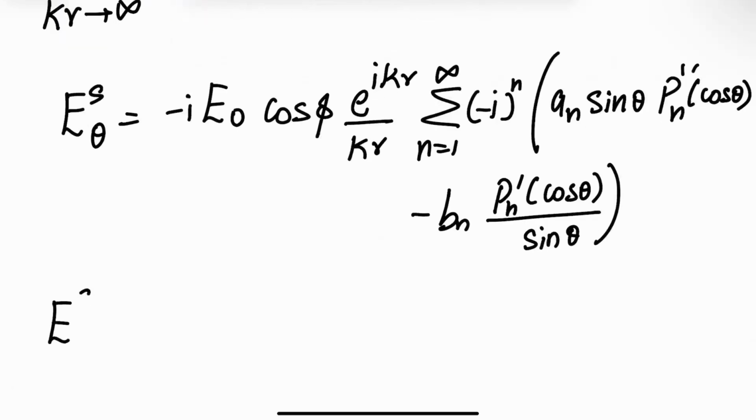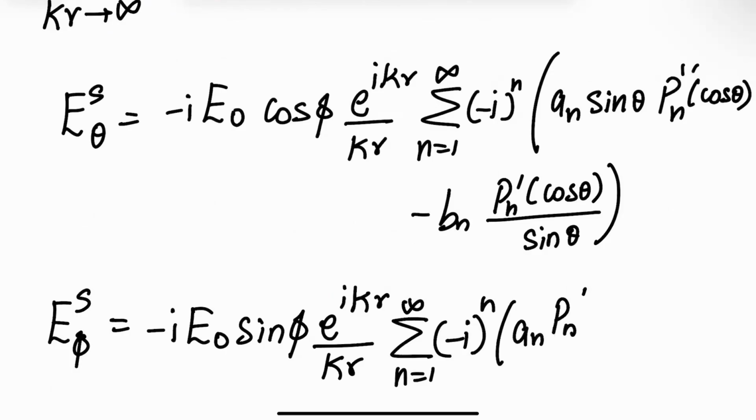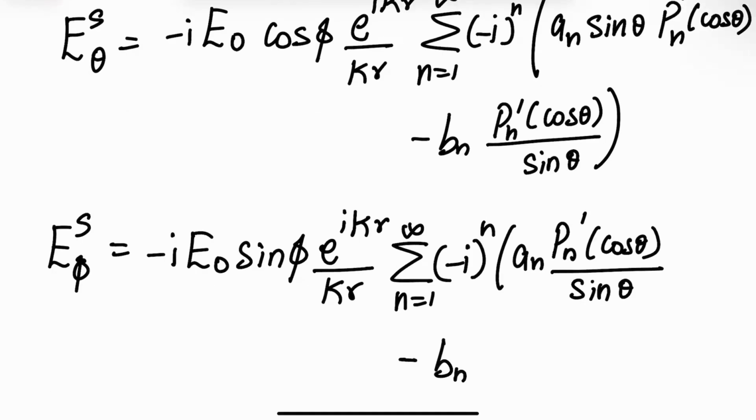Again, the scattered field for the phi component is minus i E naught sine phi e to the ikr over kr, summation n equal to 1 to infinity, minus i to the n, an Pn1 cosine theta over sine theta minus bn sine theta Pn1 prime of cosine theta.